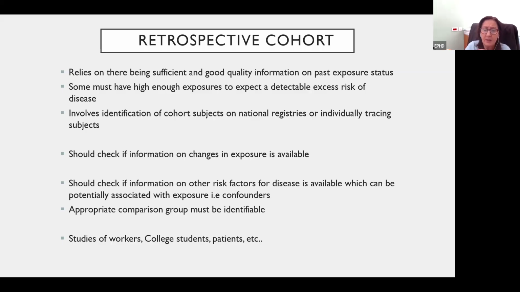Do they carry data on who's actually close to the production place where detergent is manufactured? Do we have the length of exposure, meaning how long have they been employed in that factory? Do we have data on their health in general while they were in the factory?